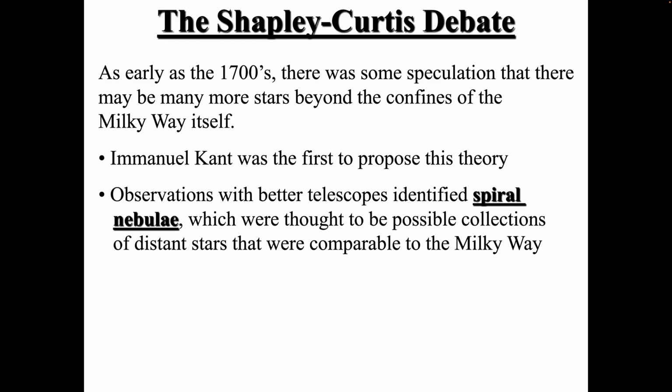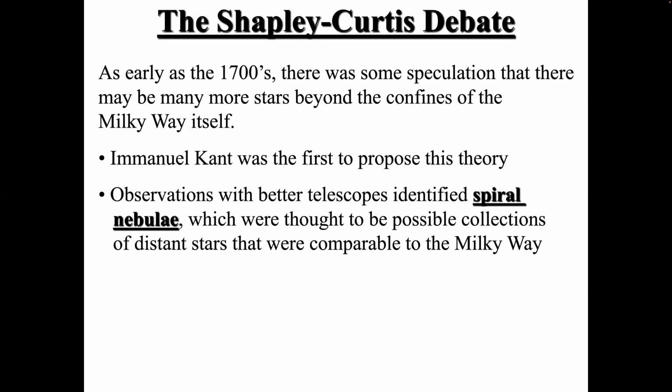There was an astronomer called Immanuel Kant who first proposed this theory that there may be more stars beyond our Milky Way, and observations with better telescopes identified spiral nebulae, which were thought to be possible collections of distant stars. Now, when they had this telescope, they observed the sky and saw a spiral nebula, right?